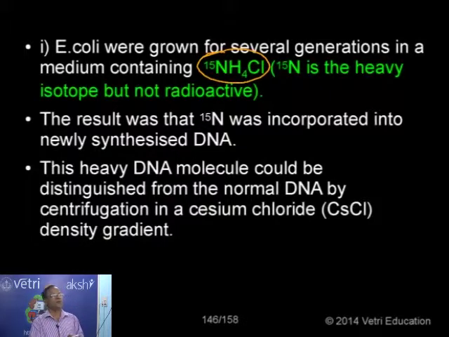By means of the cesium chloride density gradient method, by spinning them, they were able to distinguish the heavy DNA molecule from the normal light DNA molecule. I am using the word heavy DNA for the one which contains N15, and light DNA for the normal DNA, the one which contains N14.